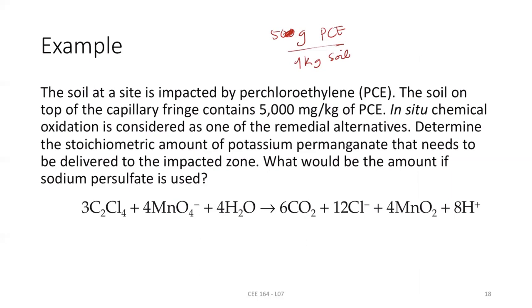So I asked what is the amount needed to treat 1 kilogram. Let's say another way to think of this. So this is basically from here, 3 moles of PCE need 4 moles of permanganate.